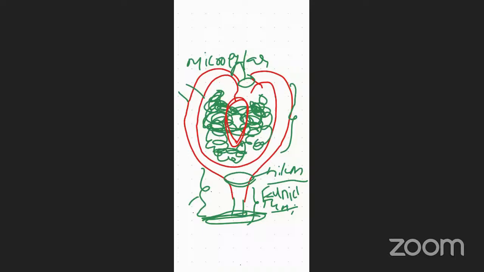Actually, it is wrongly given. Bitegmic ovule, of course, has integument with two layers. That is the correct one. First one, unitegmic: single integument with one layer. Bitegmic: write down, ovule with single integument with two layers.